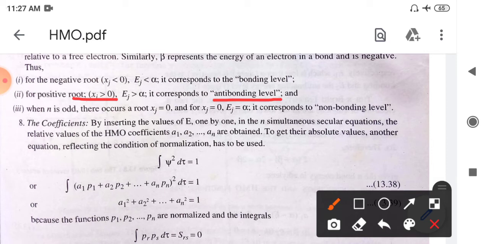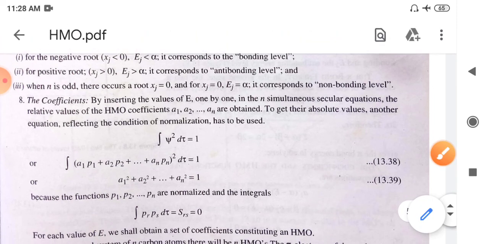And there are certain cases like propene, cyclopropene or cyclopentadiene, where there is an odd number of carbon atoms. For such a system we get one root having the value of 0, and that root corresponds to the non-bonding energy level. So this is how we obtain the bonding, anti-bonding and non-bonding energy levels.